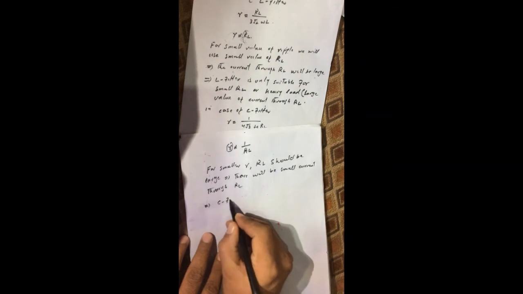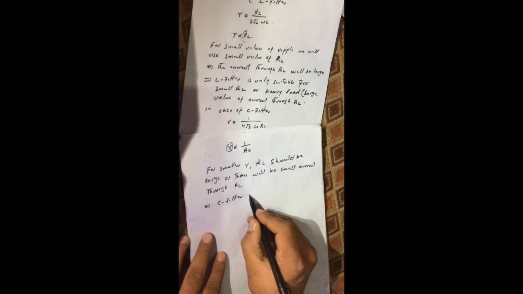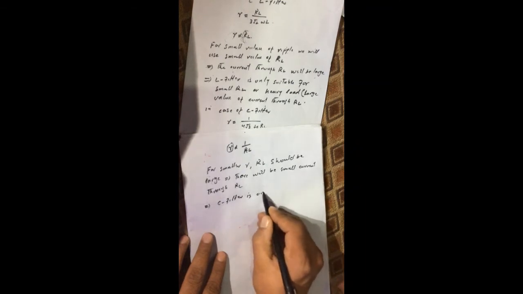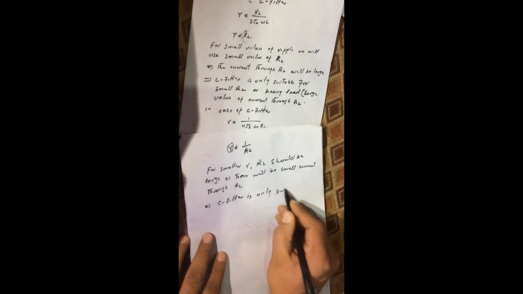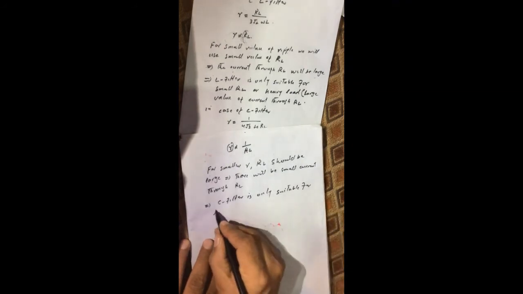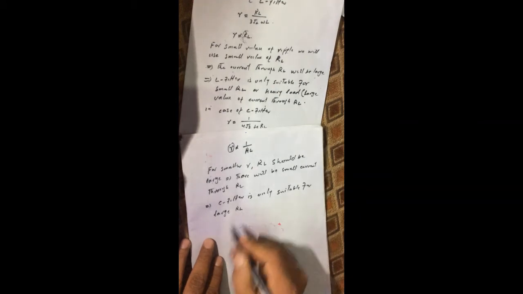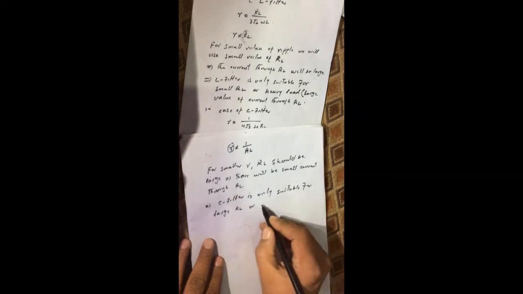Now, this implies that the C filter is only suitable for large RL or light load.